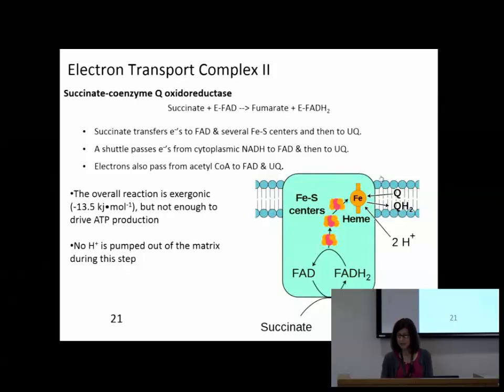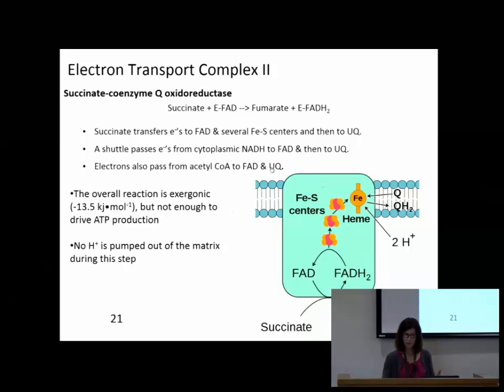Now, in this one, we're showing that it does span the membrane. I tend to believe that other picture that it's not spanning the membrane. There's another source of FADH2, and that is going to be through fatty acid oxidation that we're going to see later on.